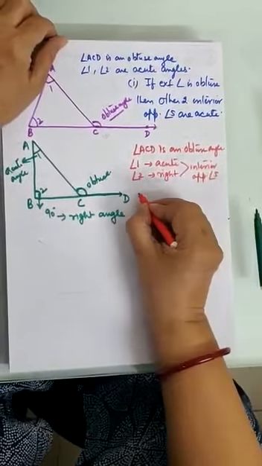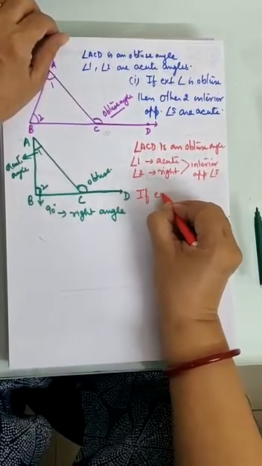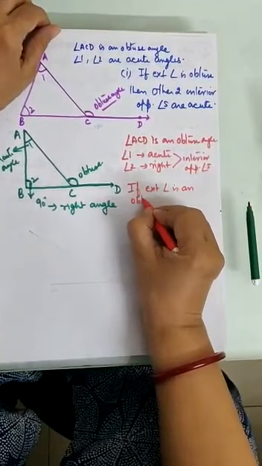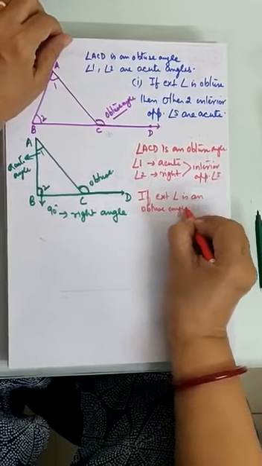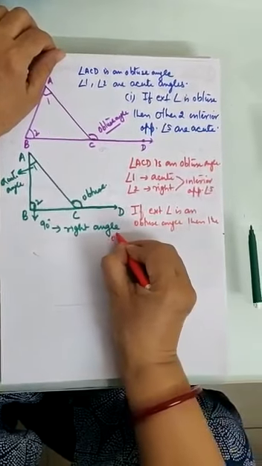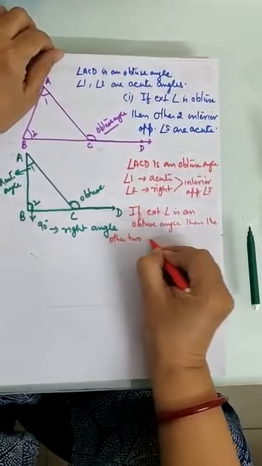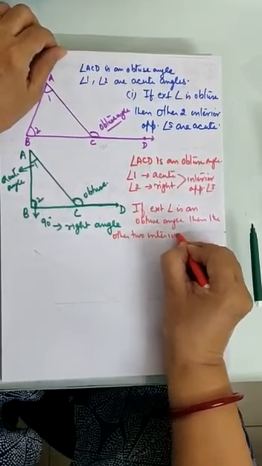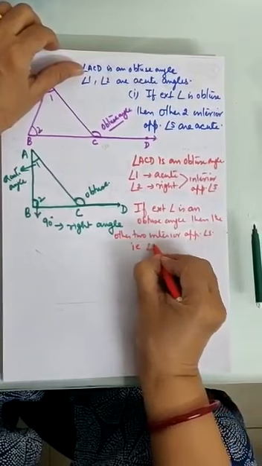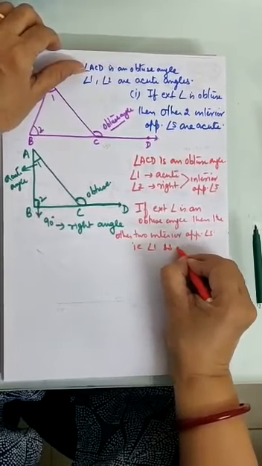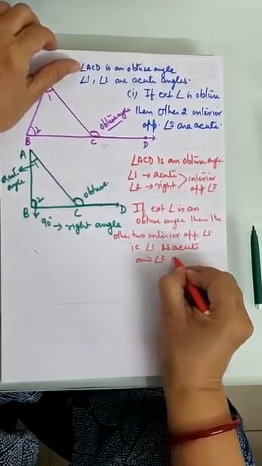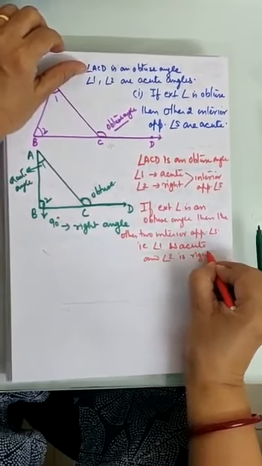So what do we conclude? If the exterior angle is an obtuse angle, then of the other two interior opposite angles, angle 1 is acute and angle 2 is a right angle.